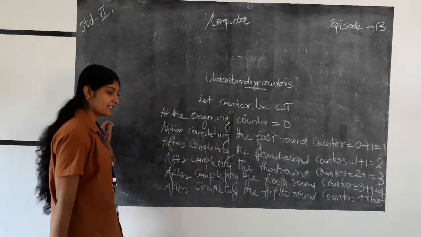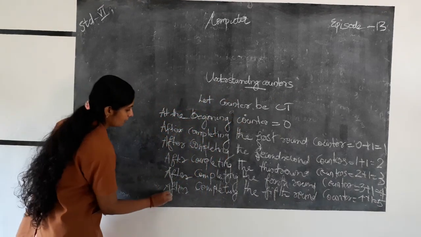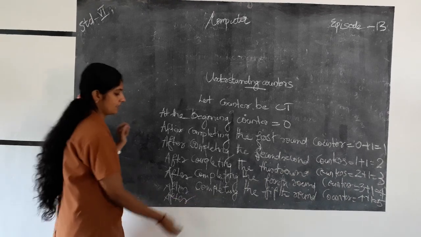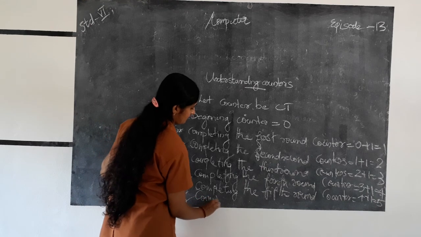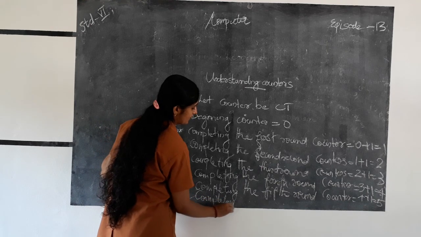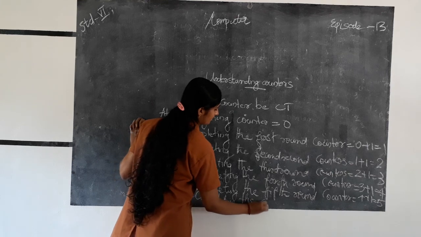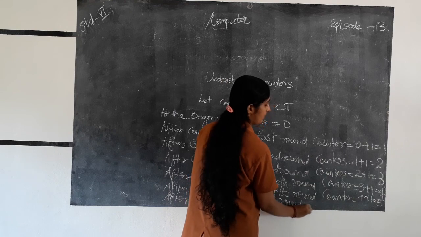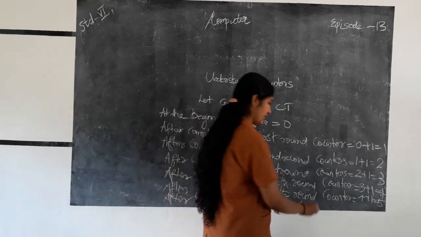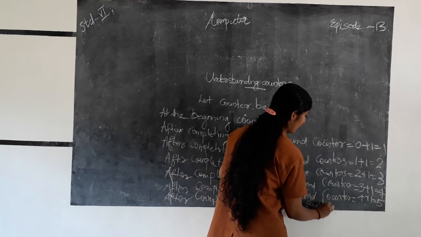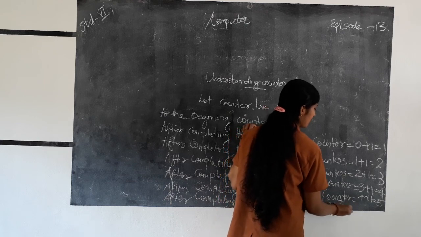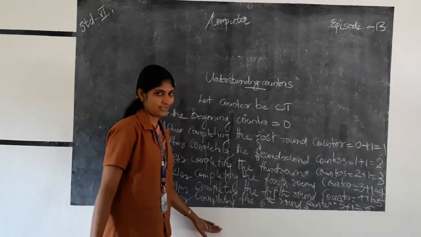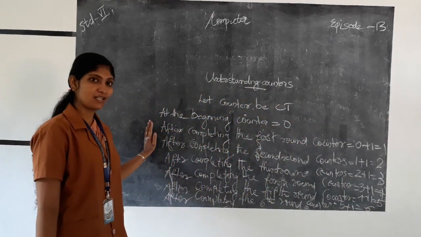After completing the sixth round, what will be the counter value? The last counter value is 5, then it is incremented by 1, which is equal to 6. So now we meet the condition, so the loop exits from the program.